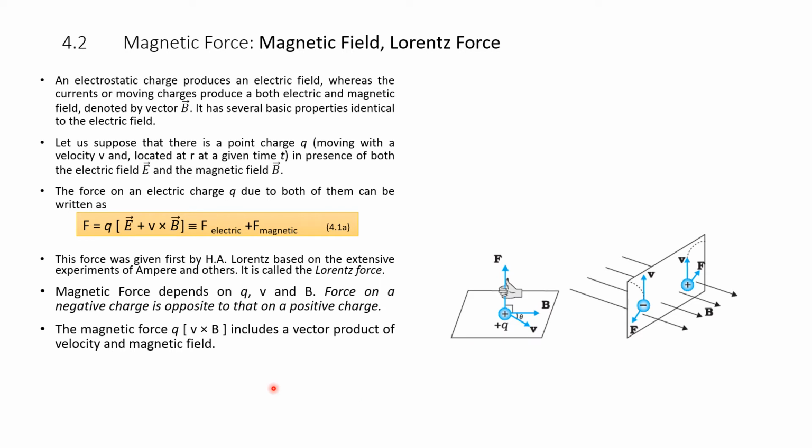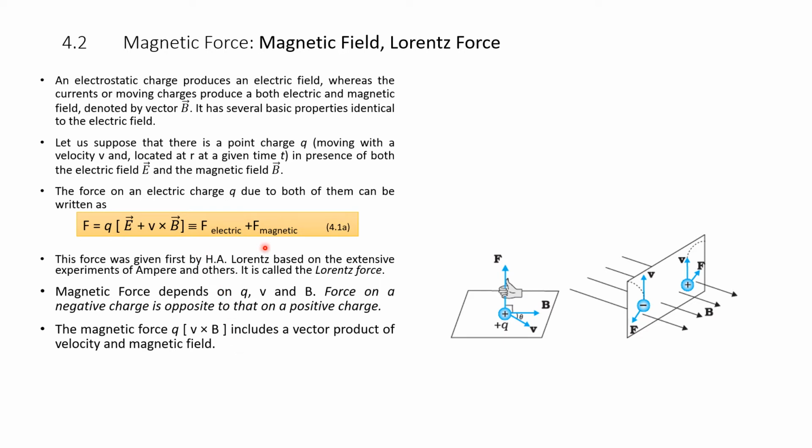The magnetic force is q into V cross B. Here we have a component, F magnetic, which is equal to q into V into B, and includes a vector product of velocity and magnetic field.